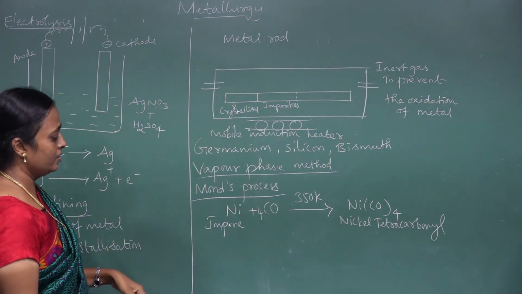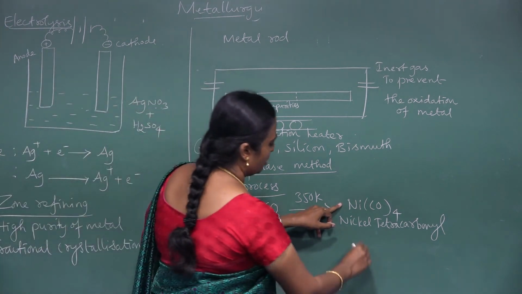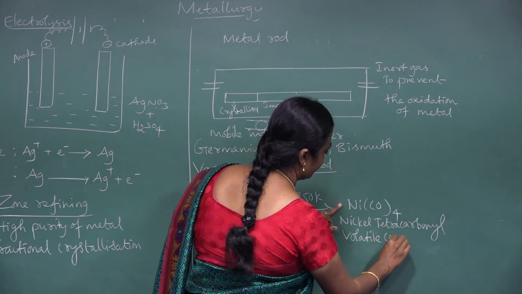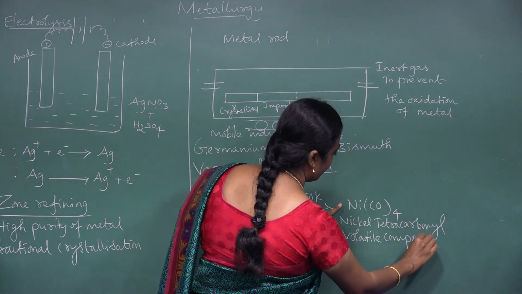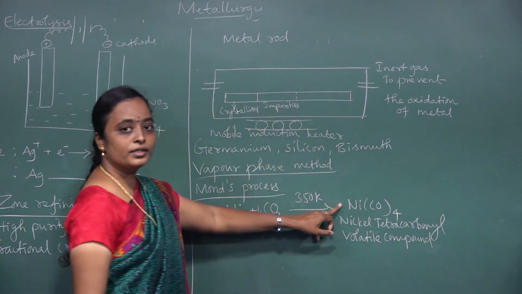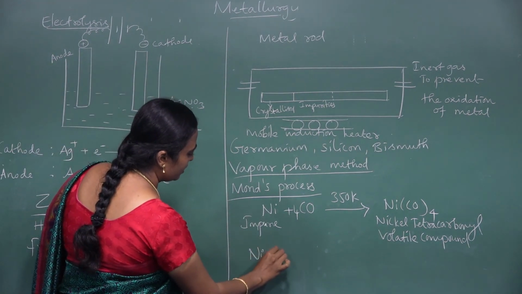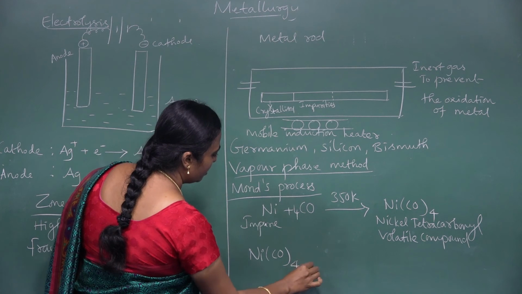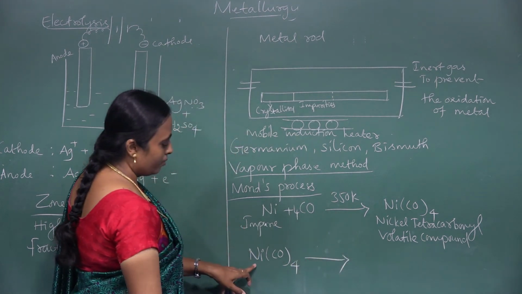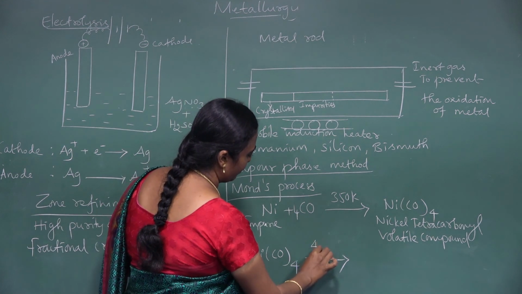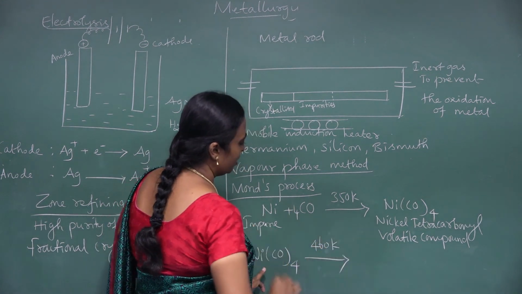This is called a volatile compound. From that volatile compound we are going to get the pure metal. This nickel tetracarbonyl, the volatile compound, is decomposed at a temperature of 460 Kelvin.